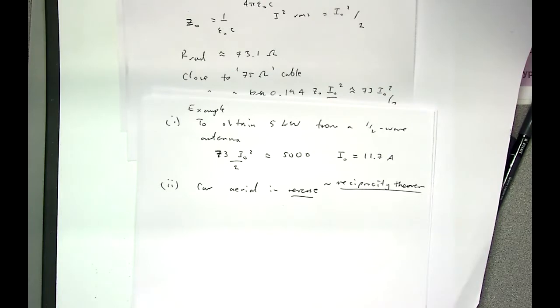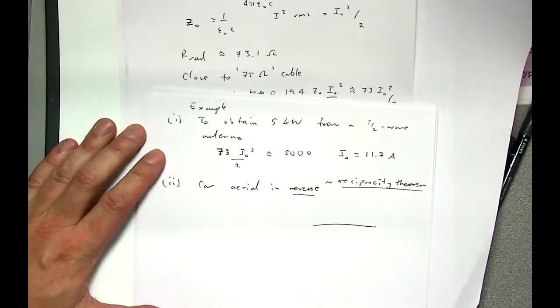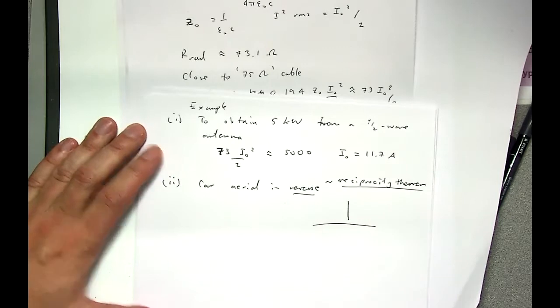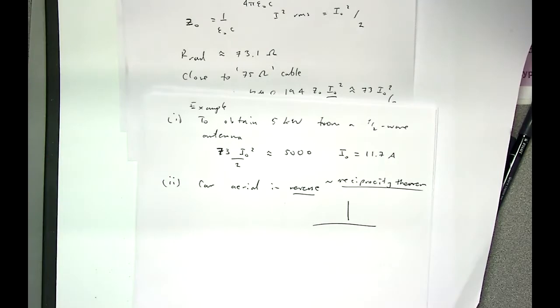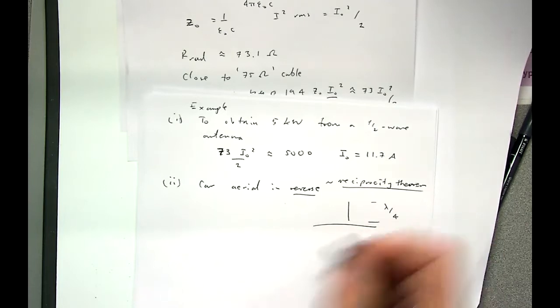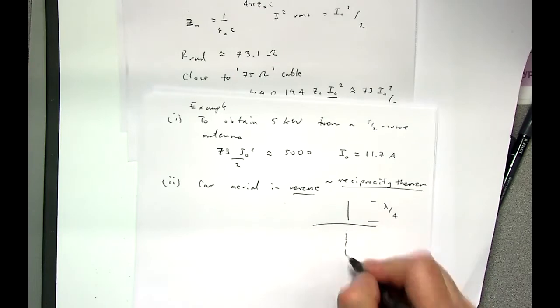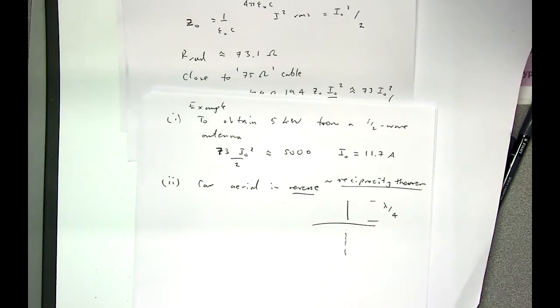Okay? The difference here is that in a car aerial we have a so-called ground plane, and we only have one half of the aerial sitting on the top, and we have some kind of insulation between them, and now the length of that aerial is about lambda by 4. Okay? And we rely on the generation of image currents underneath to give me an effective half-wave antenna.